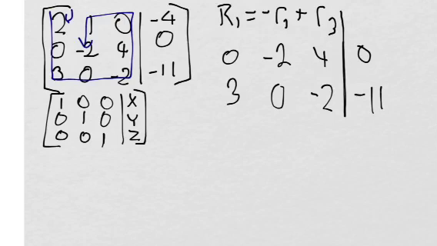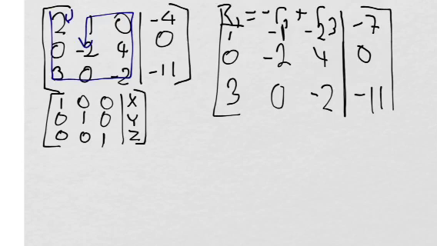Let's see, so that will be 1, that will be negative 1, that will be negative 2, and then negative 7. So that is the first thing we do.